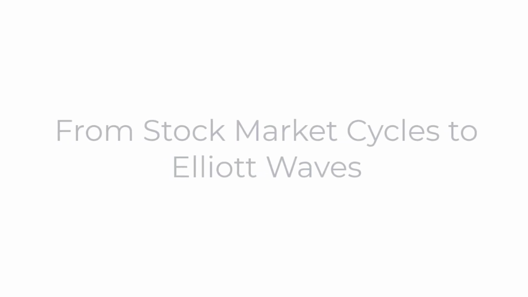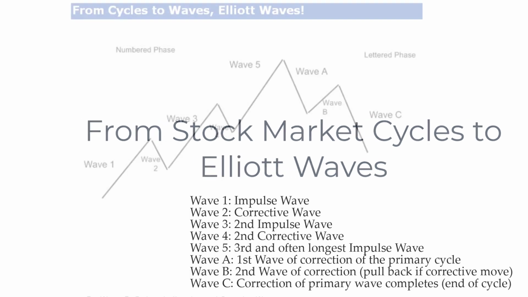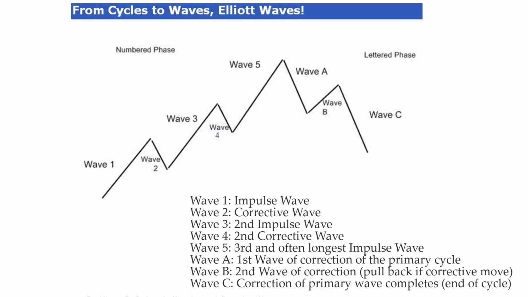From cycles to waves, Elliott waves. The Elliott wave principle is a detailed description of how financial markets behave. The description reveals that mass psychology swings from pessimism to optimism and back in a natural sequence, creating specific wave patterns in price movements.